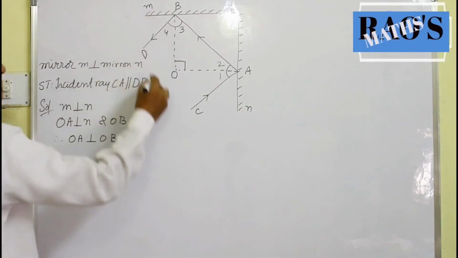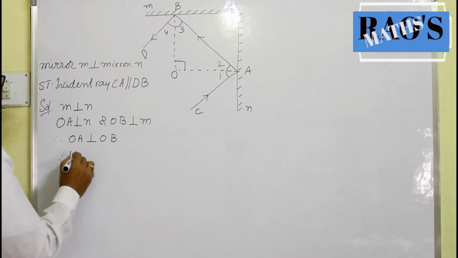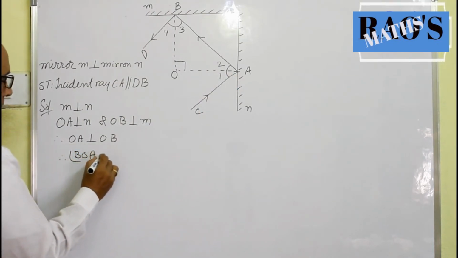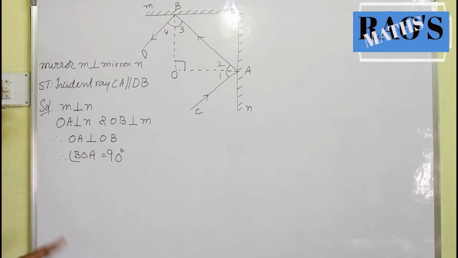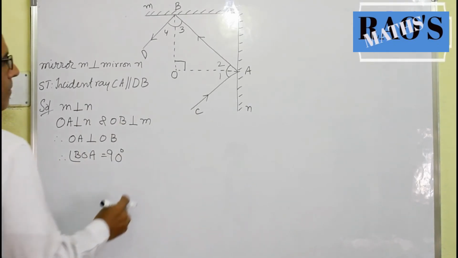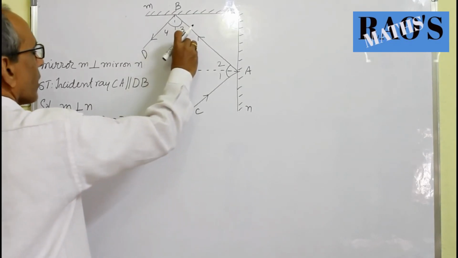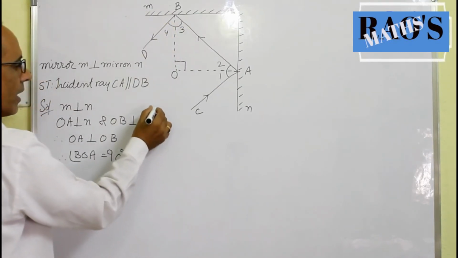Therefore, angle BOA is equal to 90 degrees. Okay? This we discussed. Next, we take this triangle BOA.